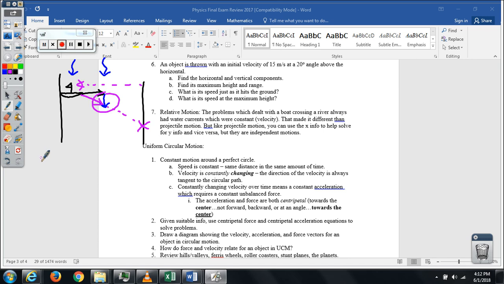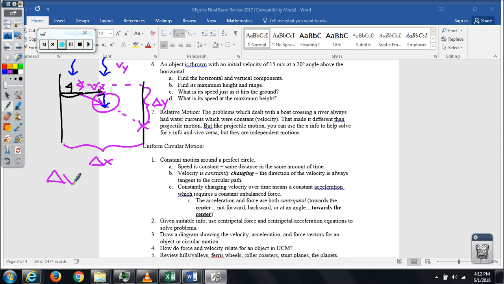So we have the two equations for this. We'll call this delta x, and we'll call this delta y. The current is Vy. The speed of the boat, with respect to the captain on the boat with respect to the water, is Vx.